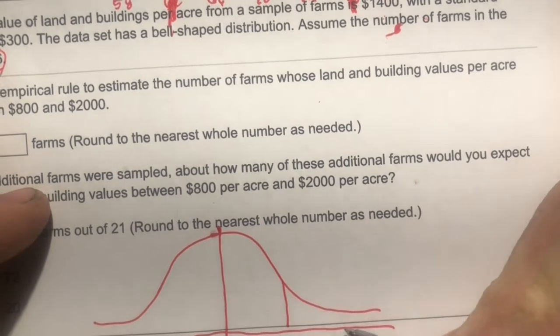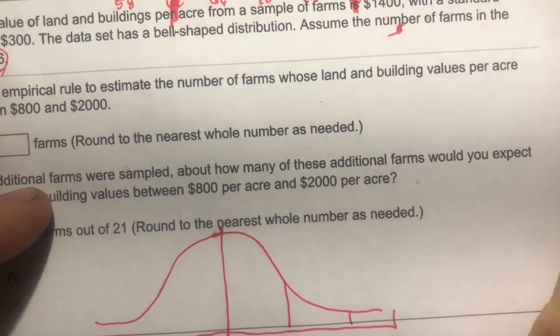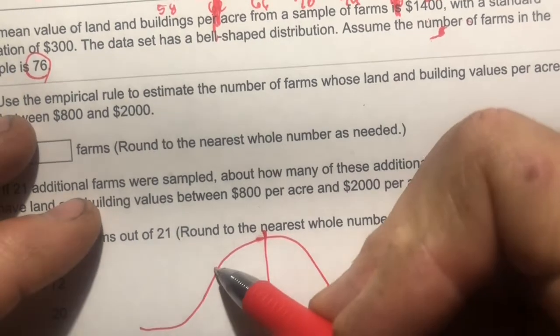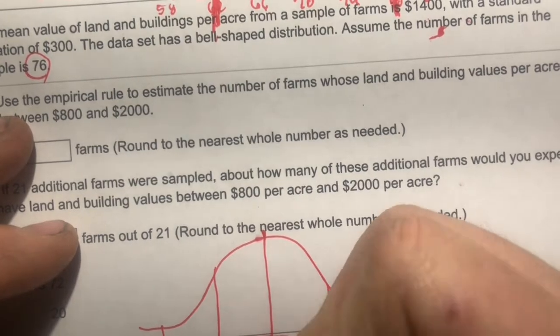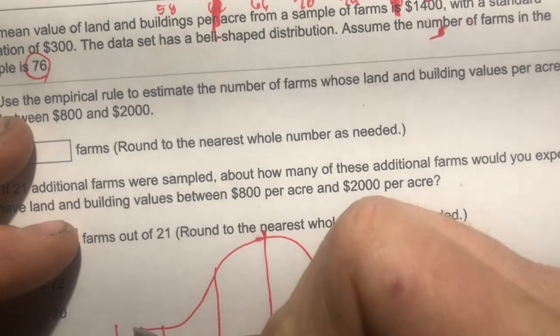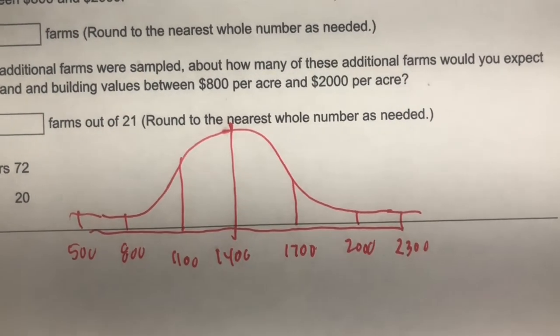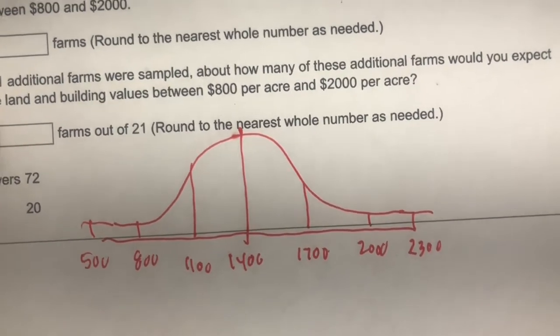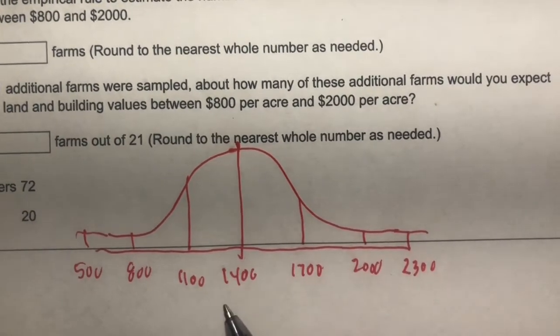When I add 300 again, and add 300 again. Okay, I go this way, I subtract 300. Okay, so there's what my distribution looks like. Okay, I didn't have it on the screen very good. I apologize for that. But there it is.